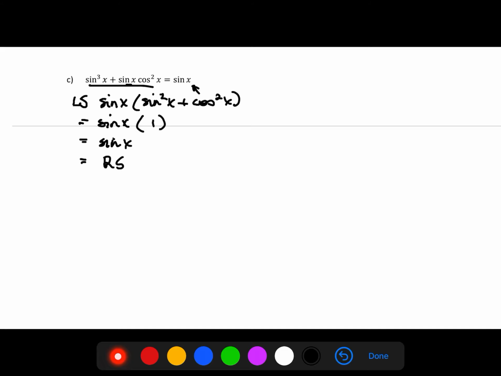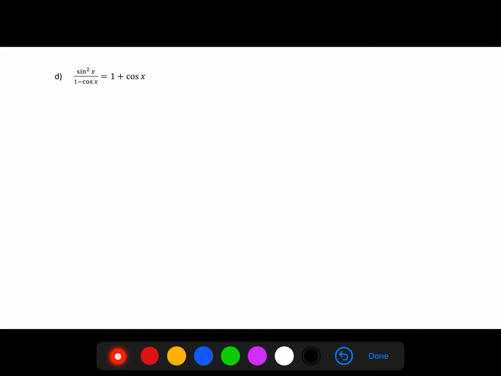And now we know that cos squared x plus sine squared x is equal to 1, which means that that has to be equal to sine x. Okay, so again, we've proven that that has to be the case. You just have to be careful that you can actually do what you're trying to do. Okay, you can't just take something out and get rid of it. You have to follow BEDMAS still to make sure that you're doing the right steps.